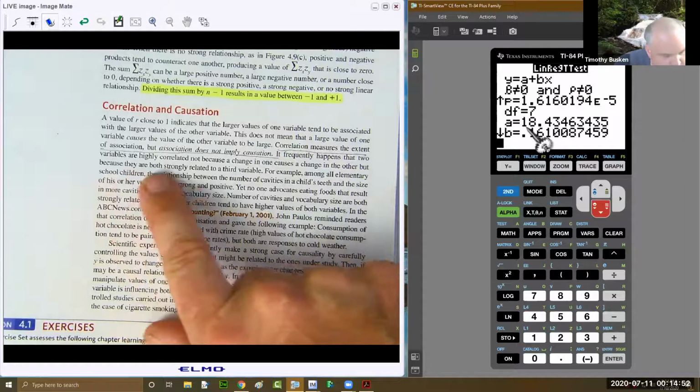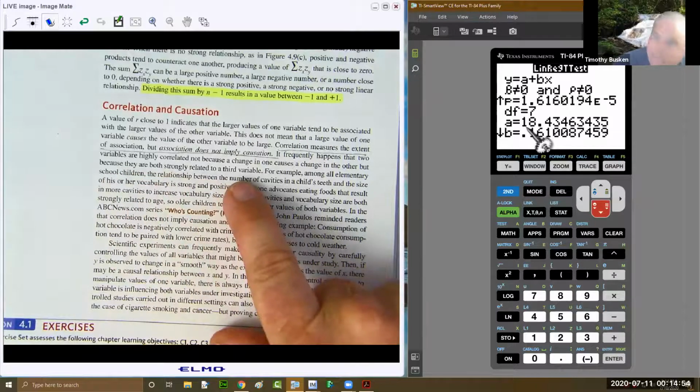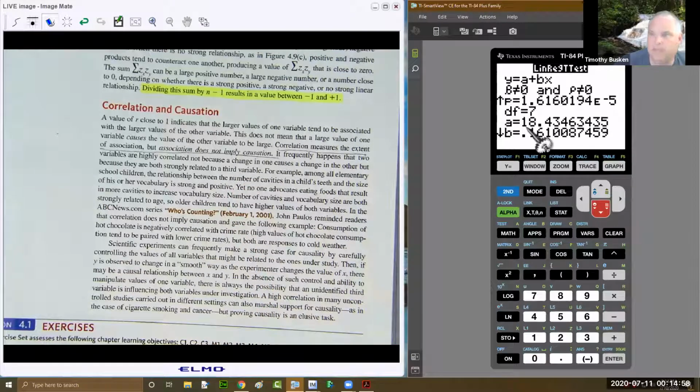because they are both strongly related to a third variable. For example, among all elementary school children, the relationship between the number of cavities in the child's teeth and the size of his or her vocabulary is strong and positive. But the number of cavities doesn't cause the vocabulary to be larger or smaller.